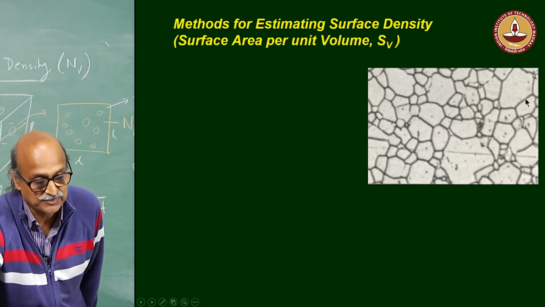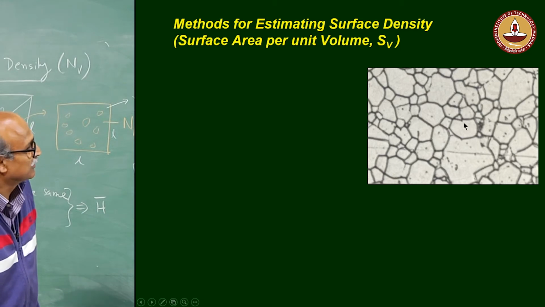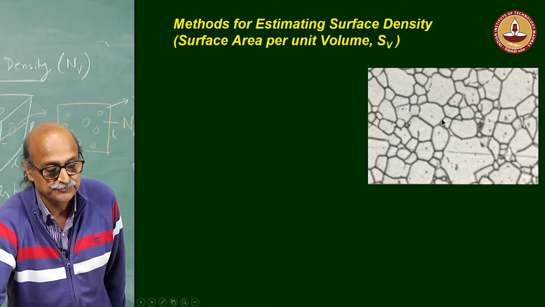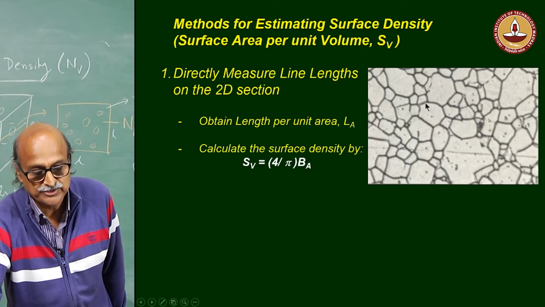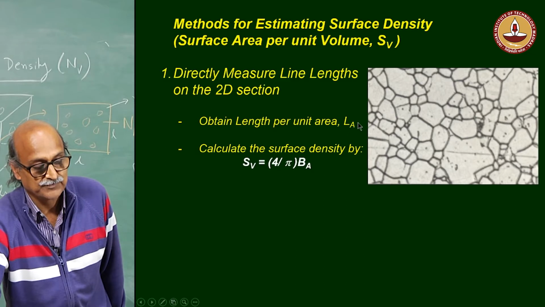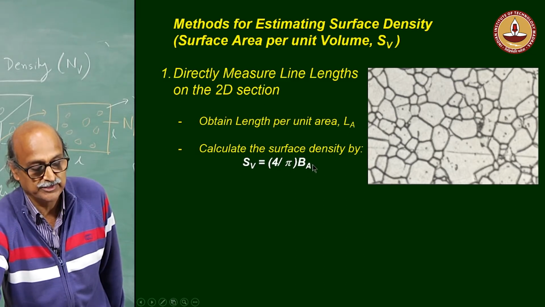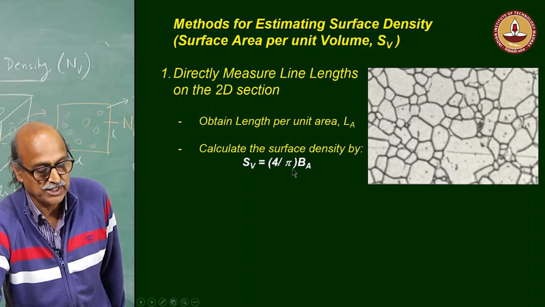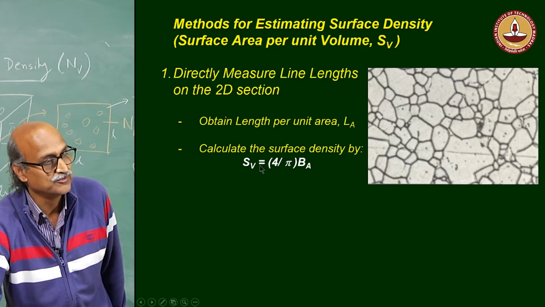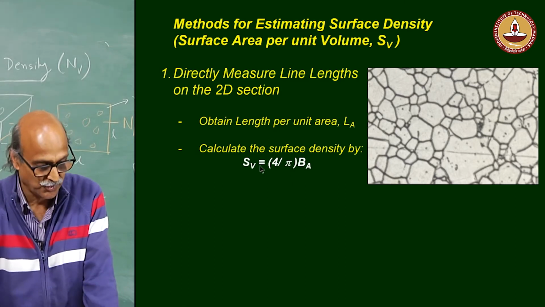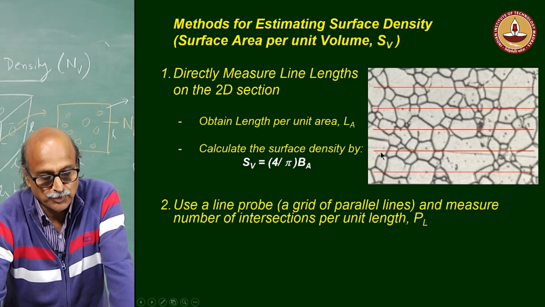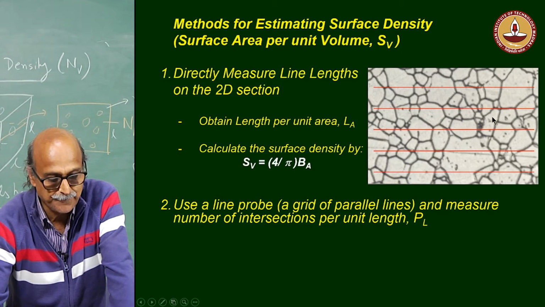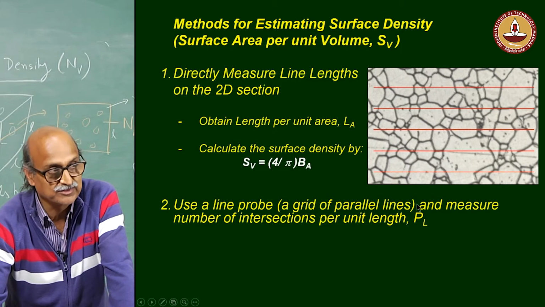Now, I have to get surface area per unit volume of this polycrystalline microstructure. One is directly measure all the lengths and get boundary length per unit area, multiply that by 4 upon pi, and that gives you surface area per unit volume, which you just now saw. Or put a grid of lines, count the number of intersections with the boundary, get number of intersections per unit length.